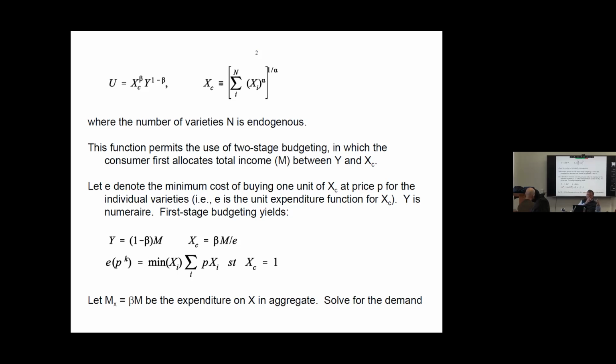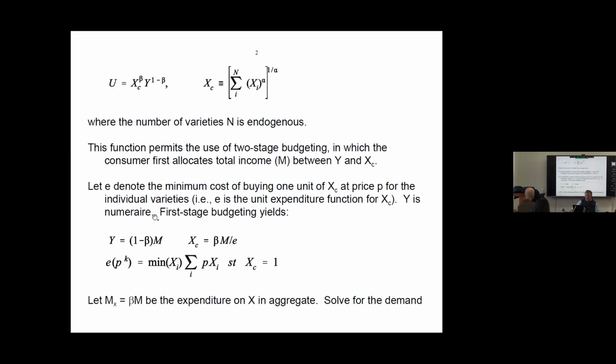E is the price of 1 unit of X_C. X_C is really in utility units. Okay, so E is the minimum cost. So E is derived from minimizing the cost of buying 1 unit of the composite commodity.